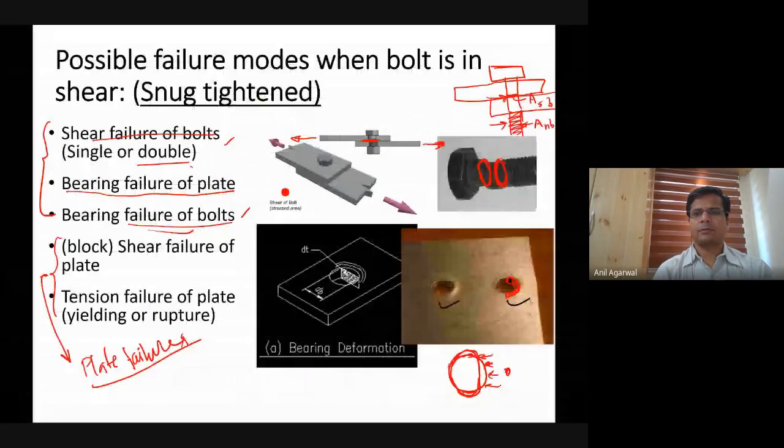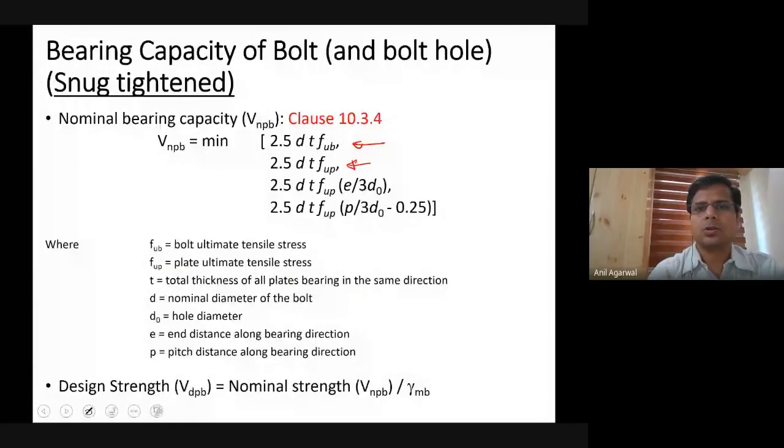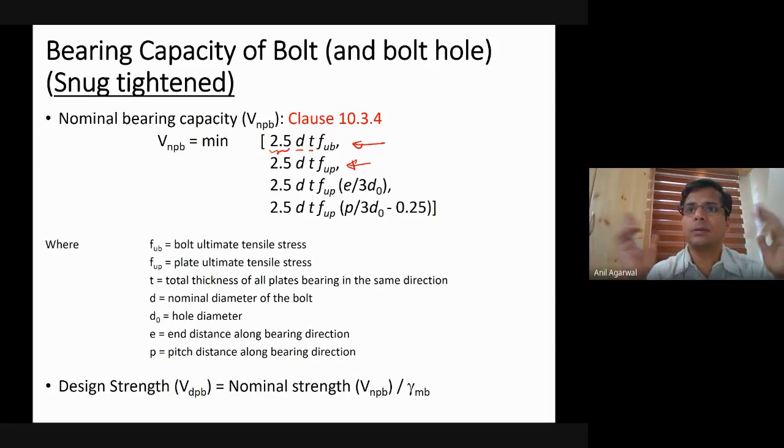I hope I have explained this. Now here you see there is a D, there is a T, and there is a factor 2.5, which is more like an empirical factor. You must have seen a lot of such factors when you calculate the bearing capacity of a foundation in soil mechanics.